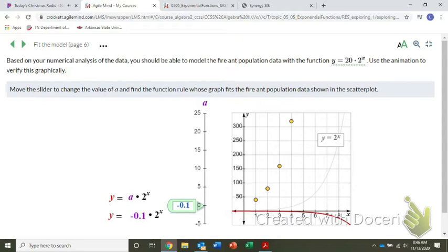After it crosses the y-axis and becomes negative, it's done what kind of reflection? What does it flip over? The x-axis, okay? So, we're trying to match the yellow dots. So, we got to keep going.